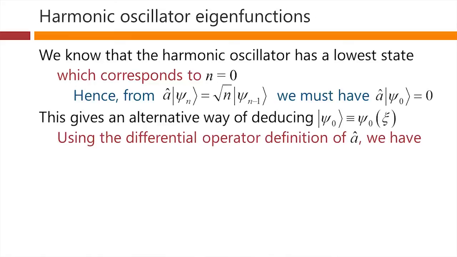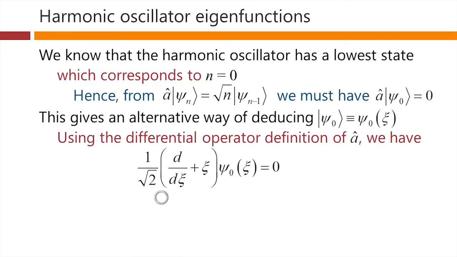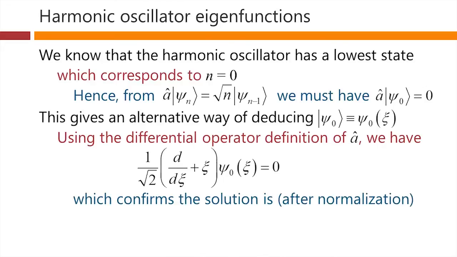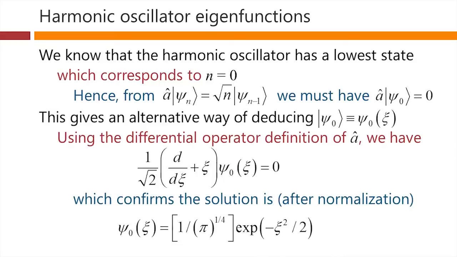Using our differential operator definition of the annihilation operator, we therefore have that the annihilation operator operating on the lowest state gives us 0. Well, this gives us a simple first-order differential equation for working out the lowest state, psi 0 of xi. And we can easily check, therefore, that the solution is in this form. We've also normalized this form, which is where this 1 over the 4th root of pi comes from. But it's easy to check that this is a solution of that first-order differential equation.